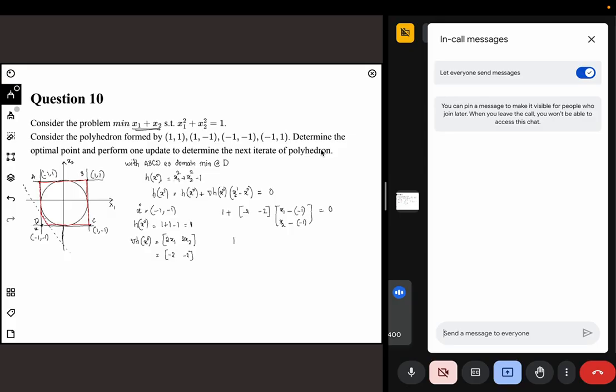If I solve this, it will be 1 minus 2 times (x1 plus 1) minus 2 times (x2 plus 1) equal to 0. To solve it, it will be 2x1 plus 2x2 equals to how much? -4 and 3, right? Is that correct?